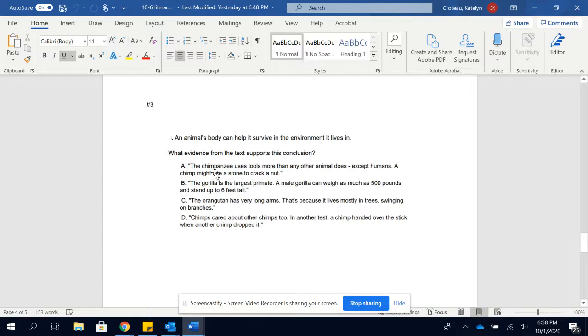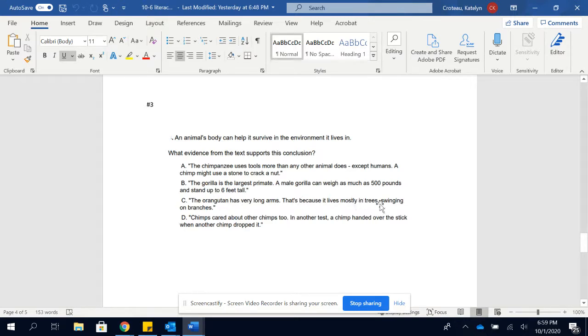Is it A, the chimpanzee uses tools more than any other animal does except humans? A chimp might use a stone to crack a nut. So you want to think which part of an animal's body can help it survive in the environment it lives in, okay? B, the gorilla is the largest primate. A male gorilla can weigh as much as 500 pounds and stand up to 6 feet tall. C, the orangutan has very long arms.